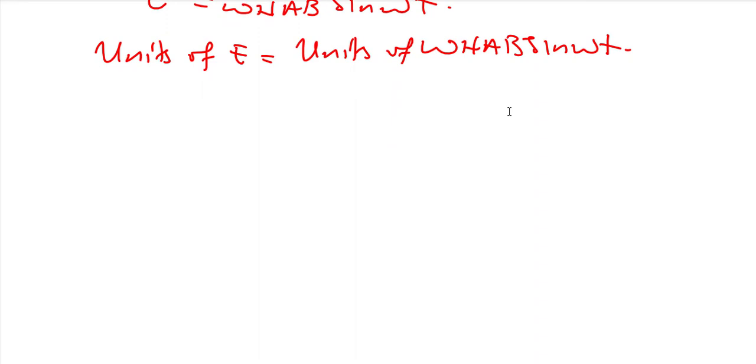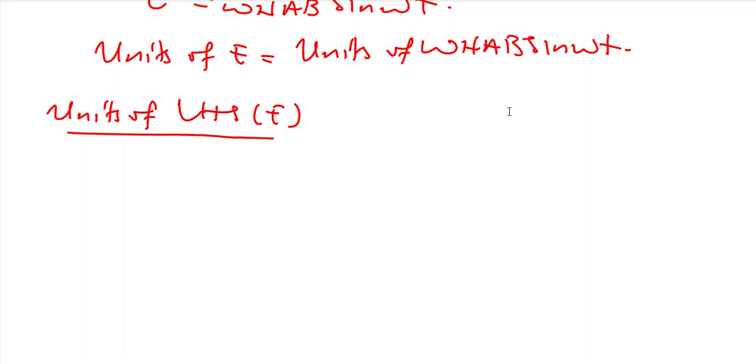Now what do we deduce? Let's begin with the unit of the left hand side, that is the unit of E. Let me write it as such, left hand side, unit of E. What does E represent? E is the EMF, and for the EMF we can use the work done per unit charge. Work done is force times distance, divided by charge.